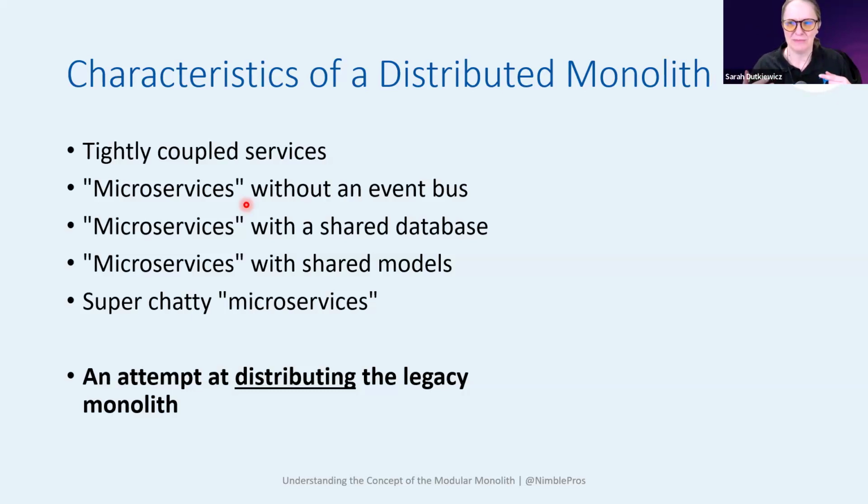There could be some shared models not cooperating nicely between them. You have some super chatty microservices talking on an event bus, but talking too much and causing way high latency. These are tightly coupled services, it's a disaster. Just when you think the legacy monolith is bad enough, the distributed monolith is worse. It's a lot worse. It causes a lot more tears.